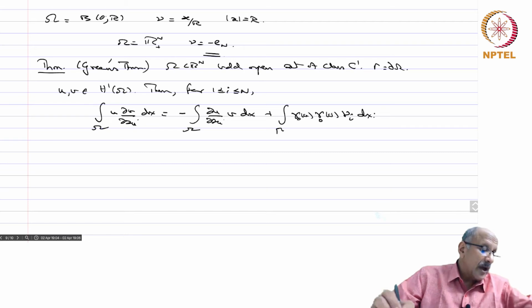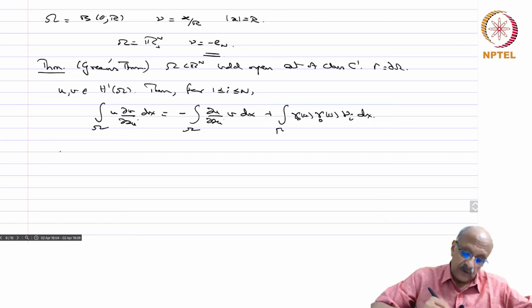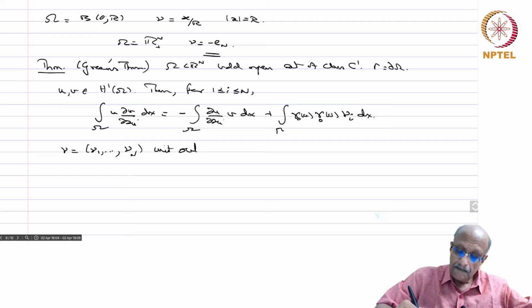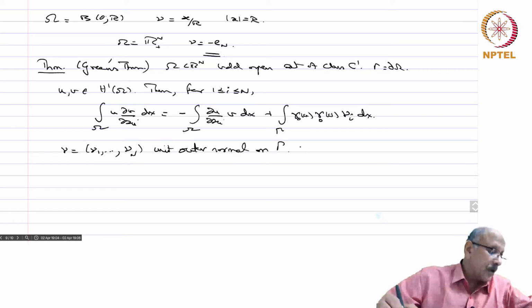So the ith component is the thing, where nu is nu 1 to nu n, the unit outer normal on gamma. Okay.